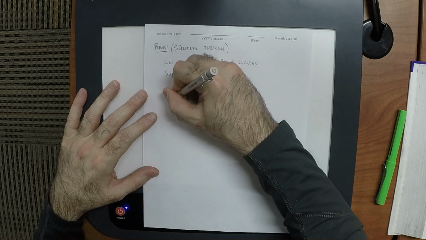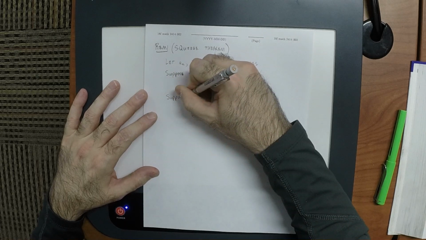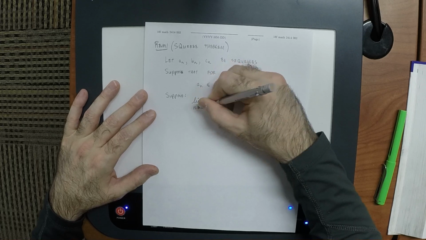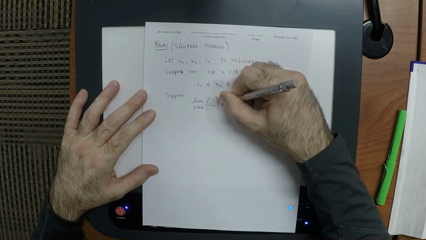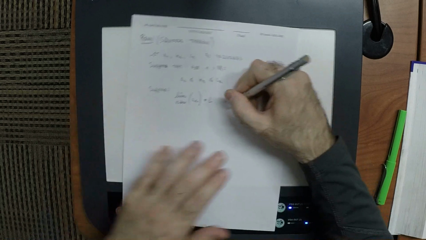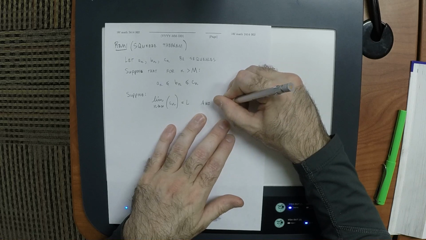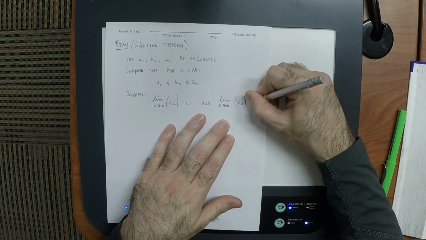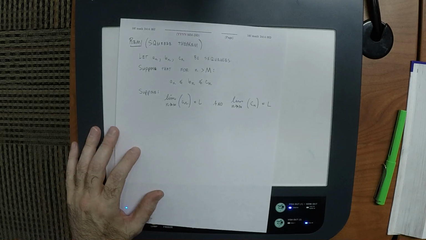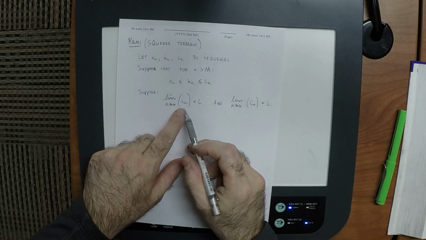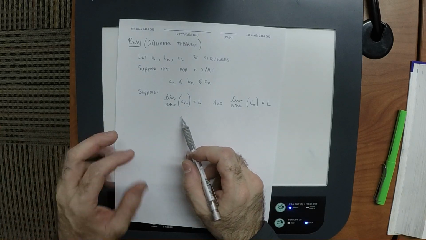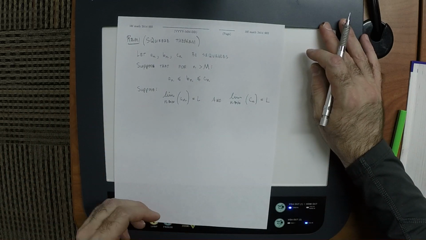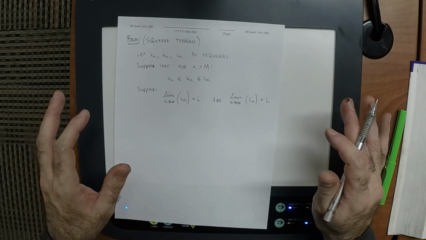And suppose that the limit as n goes to infinity of AN is L, and the limit as n goes to infinity of CN is L. So, meaning that the limit of the A sequence exists and it is L, the limit of the C sequence exists and it is L. So they both exist, and they're both the same.